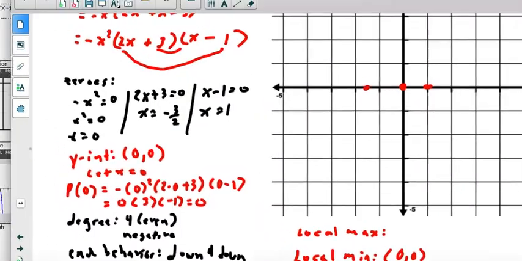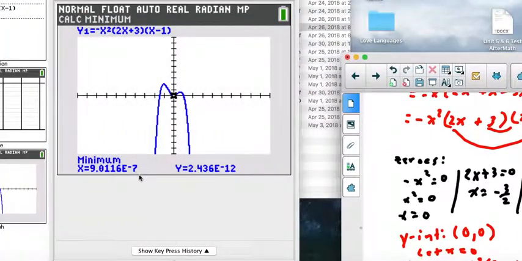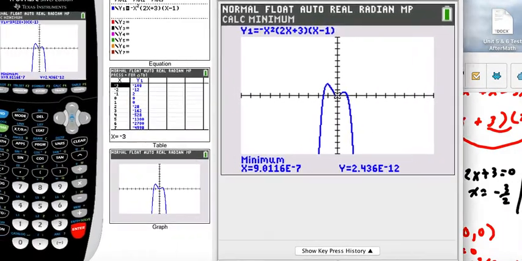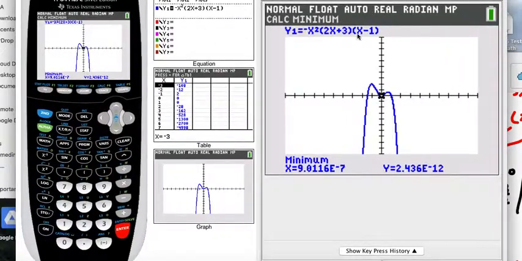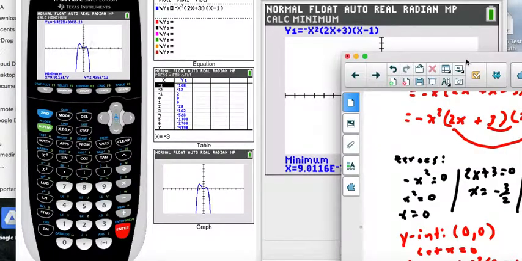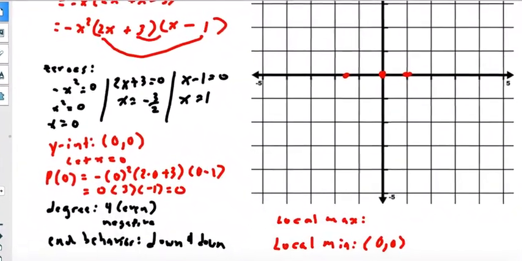So just be aware that when you come over here and you look for your local min, you do not say this is 9.012 and 2.436. No, you have to know that that ends up being 0, 0 because that's what happens when you move the decimal point over that many places. It's basically 0, 0. Just your calculator is not always that accurate.